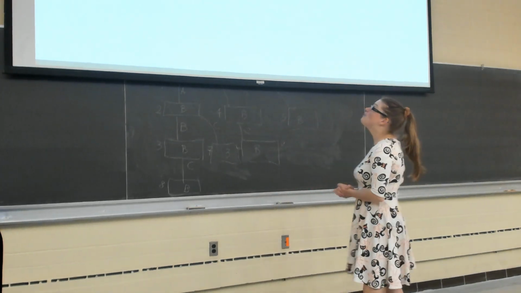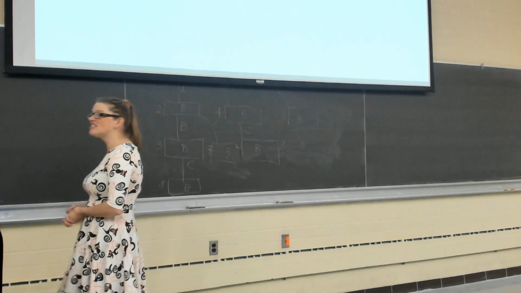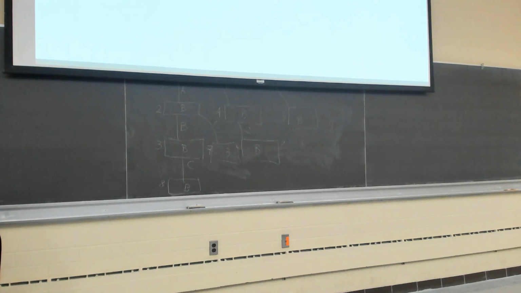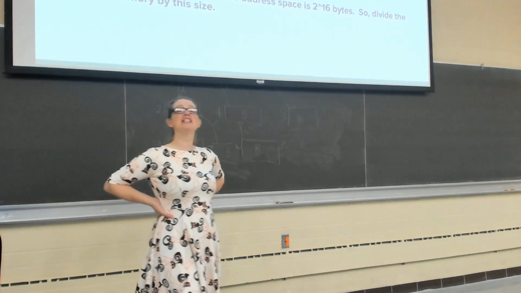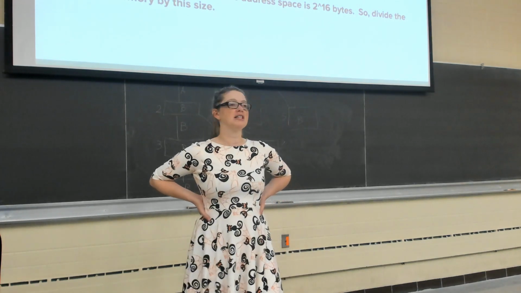So if I have 4 gigabytes of available memory, and every process uses the maximum amount of virtual memory it can, and since we're only using 16-bit virtual addresses, the maximum number of processes that we could fit into memory, you take the amount of physical memory and divide it by the maximum size of virtual memory, we could have a maximum of 2 to the power 16 processes running.